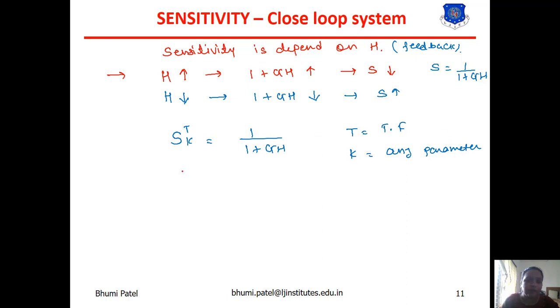If we choose a large controller gain, so the value of G(s)H(s) tends to infinity, we can get the value of GH tending to infinity, and the sensitivity is equal to 0, because the value of GH is infinite and 1 upon infinity is equal to 0.